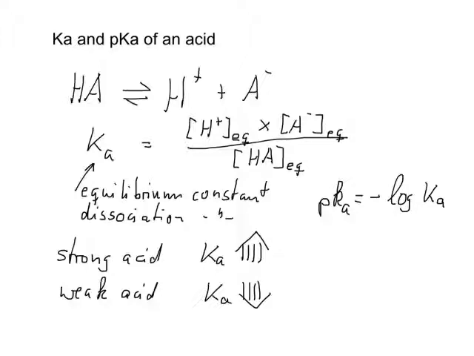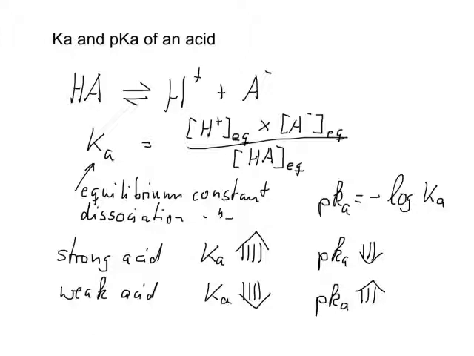So this means, since we've got a negative here, if the Ka is large, then our pKa is very low. So pKa is very small. And if the Ka is small, then the pKa is very high.